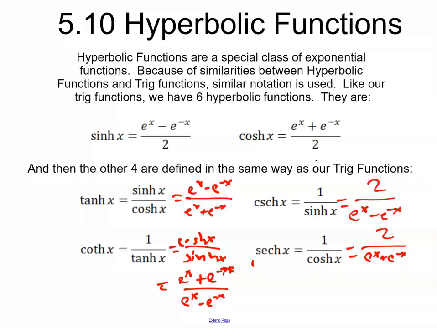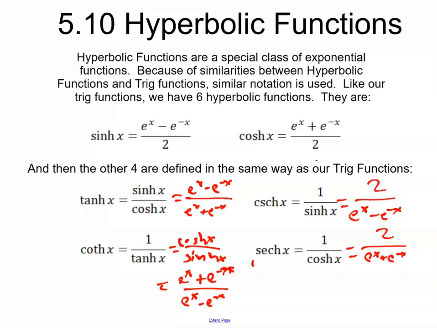The more we look at these, you can see these are completely different functions. They have different meanings, but there's a lot of similarities with our trig functions, and that's why the notation is similar. Our trig functions are talking about right triangles. These hyperbolic functions have to do with exponential functions. So they're not the same kind of functions.